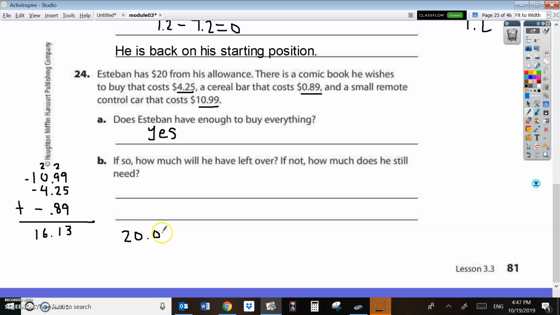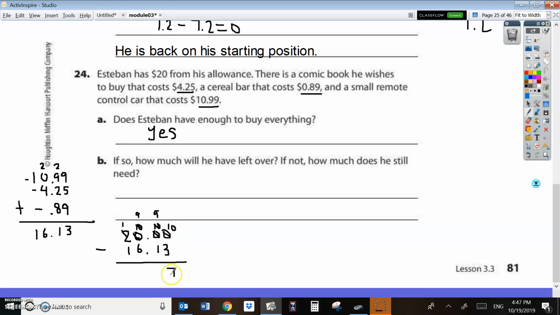$20 minus 16.13. Okay, so make that a 1, and that a 10, and then a 9. Make that a 10, and then a 9, and make that a 10.